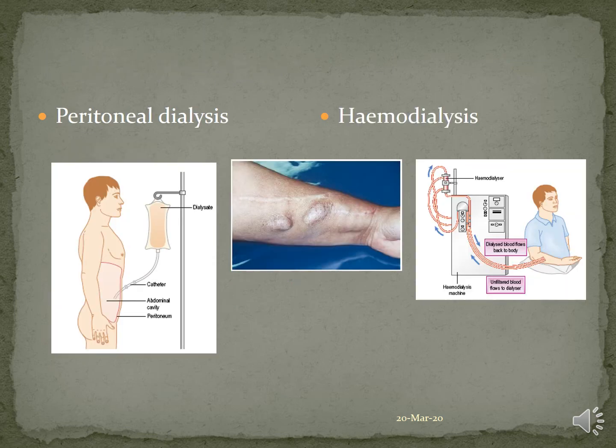So what is the treatment for these renal disorders? Patients undergo either peritoneal dialysis or hemodialysis. Peritoneal dialysis is one in which the entire purification process takes place in the tummy, because the peritoneal membrane acts as an osmotic membrane, the best semi-permeable membrane.